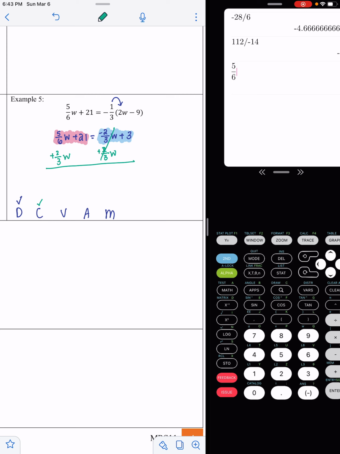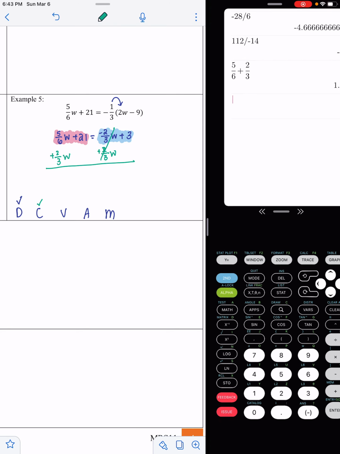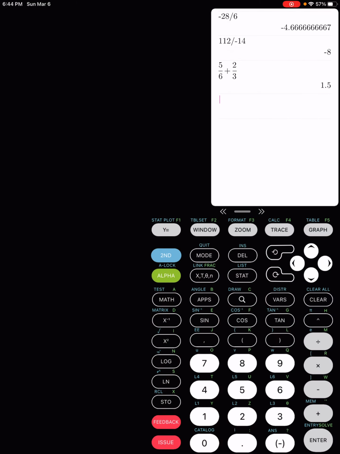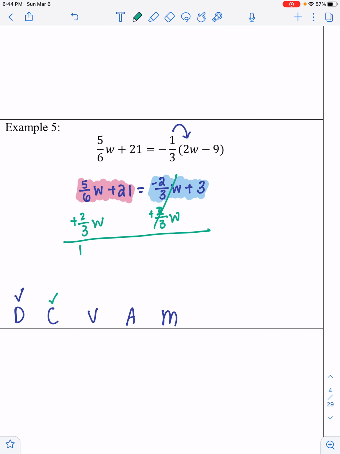And what we're doing is adding 2/3 to it. Just like you would use your calculator for whole numbers, you do the same thing for fractions. I don't know what's wrong with this calculator lately. We have 1.5. So this was 1.5w plus 21 equals 3. That's our moving variables step.